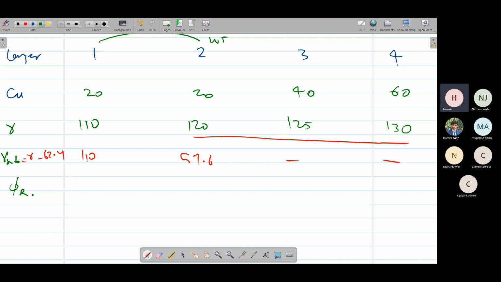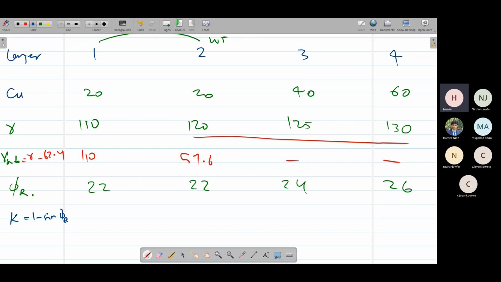They are not written on the slides, but they were dictated by sir. For the first layer it is 22, this one is 20, the second layer is 26. So we have 3 layers, and the K value would be simply 1 minus sine phi r. So we will find the K values by 1 minus sine phi r.